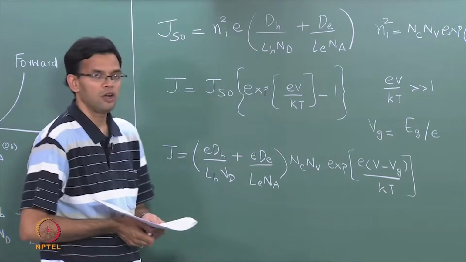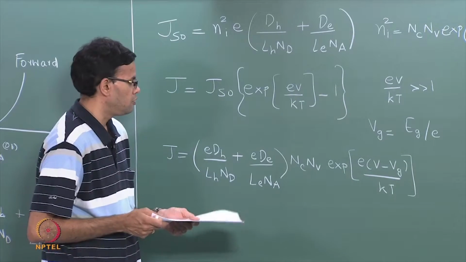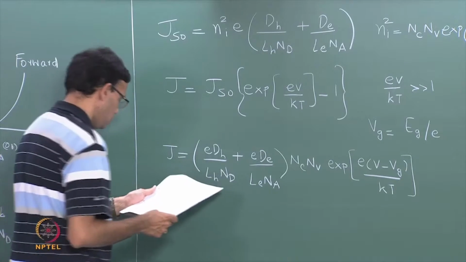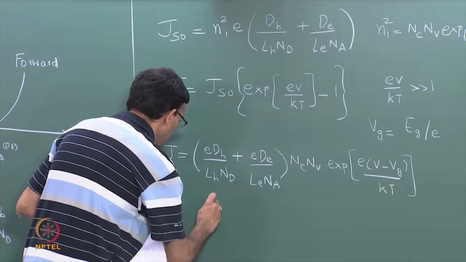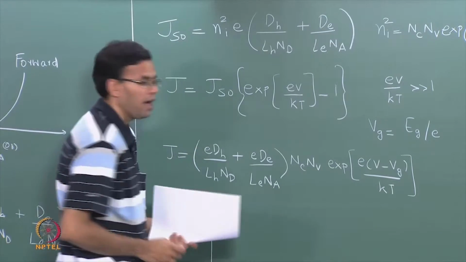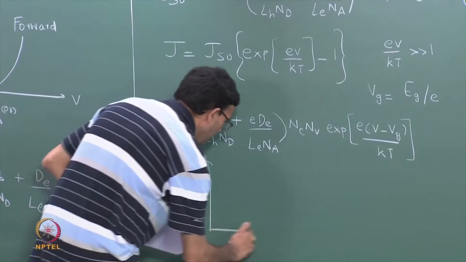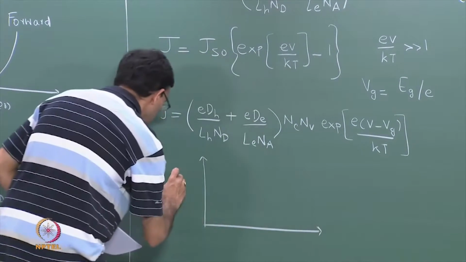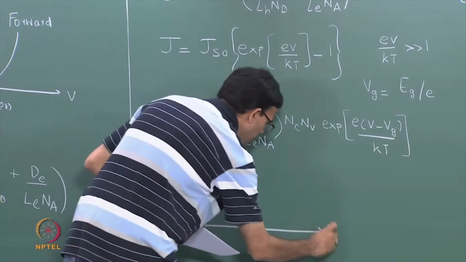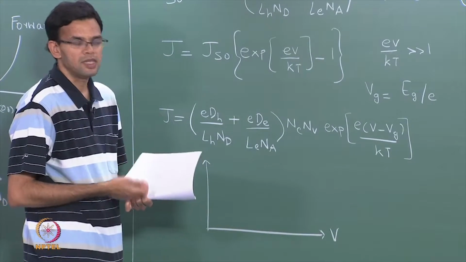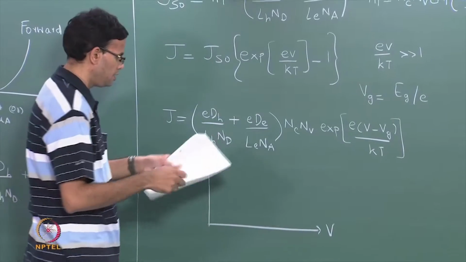So, if you were to plot the current versus voltage for different semiconductors, we find that if you want a given current, the voltage will be higher if the band gap is higher. So, let me plot I versus V for 3 materials. So, we look at germanium, silicon and gallium arsenide.